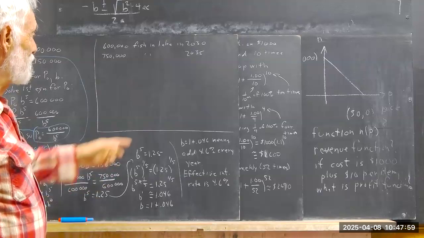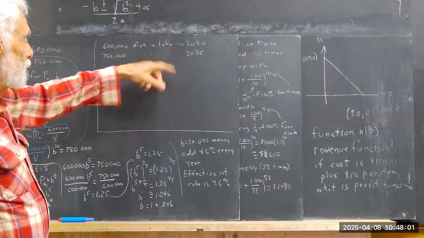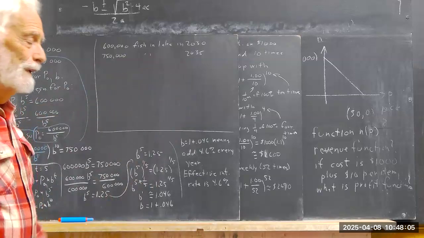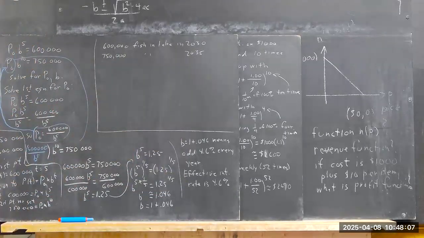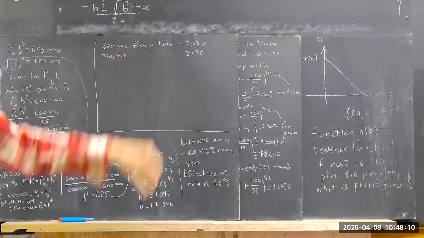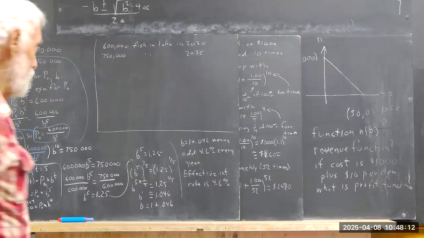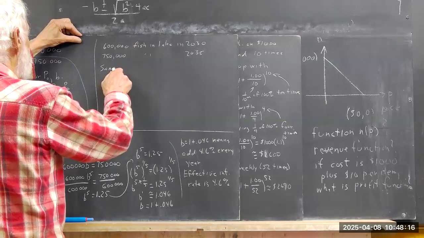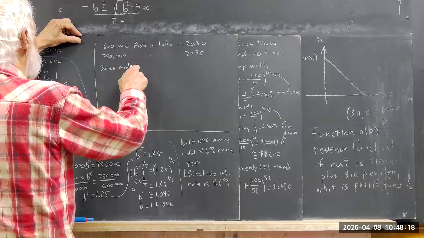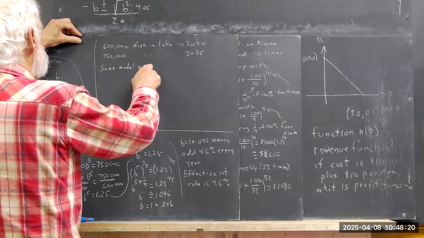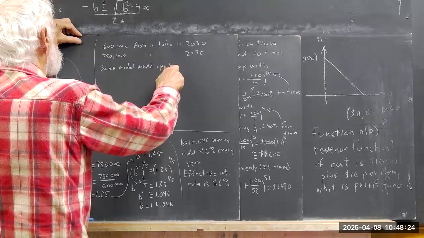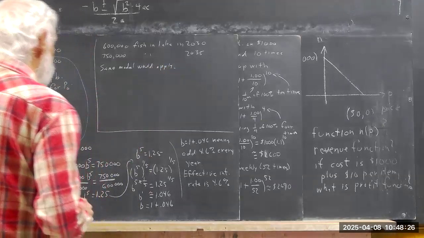But we measured the number of fish in the lake. Okay? That's exactly the same problem. This is money, these are fish. But they're the same. The model would apply.